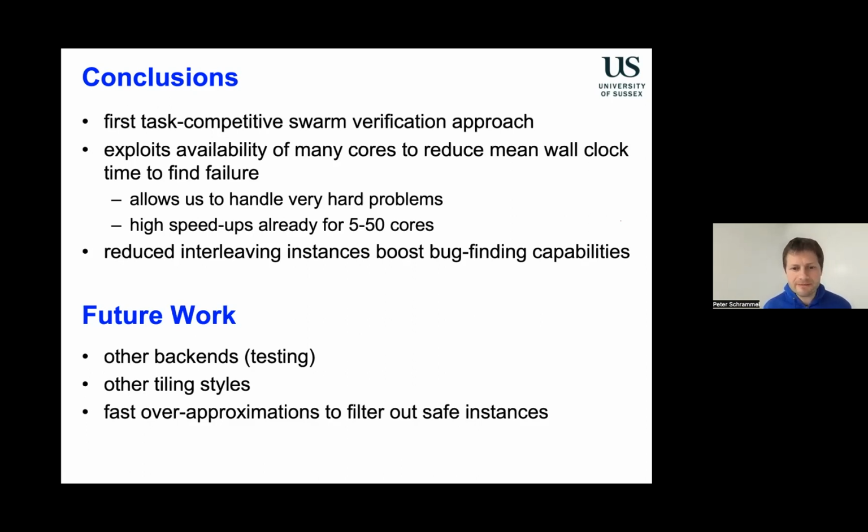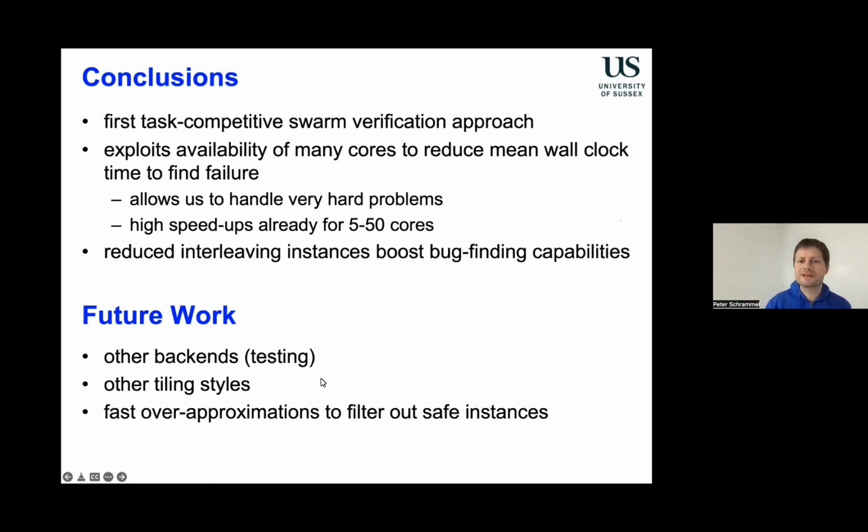So we used CBMC as a backend. The approach is completely independent of the backends that you can use. You can use a fuzzer or whatever. What we also haven't explored is different tiling styles.